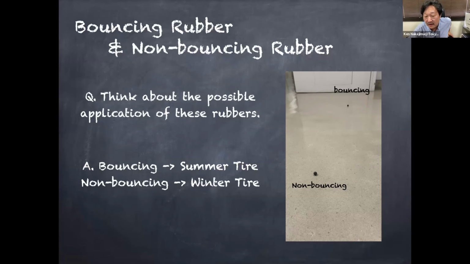That's the reason why such a highly energy-dissipating material is used for the winter tire. But in summer, of course, energy consumption must be minimized. So the bouncing ball with small energy dissipation must be used. So viscoelasticity also plays a very important role in industrial product design. Okay.